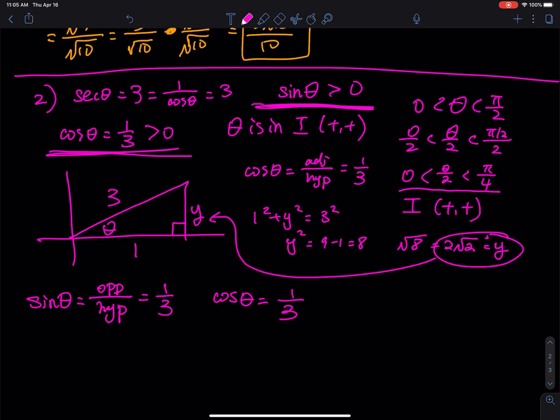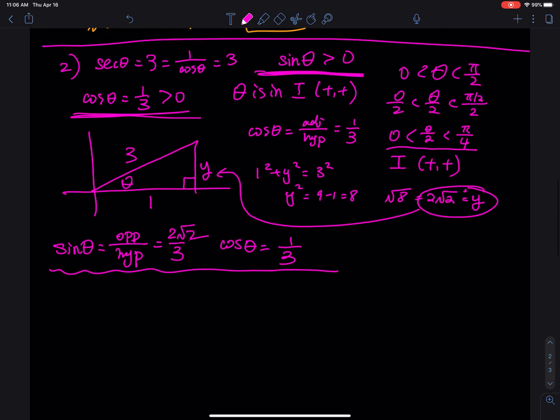Oh, actually there is a mistake. I just got my opposite, right? So it's 2 root 2 divided by 3. So sine theta is 2 root 2 divided by 3, and cosine theta is 1/3. You have to be very careful, because if the sine or the cosine is wrong, then the whole problem is wrong. The setup is wrong, the entire problem is wrong.